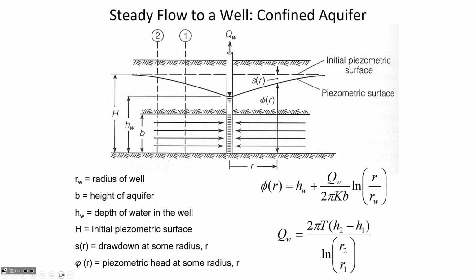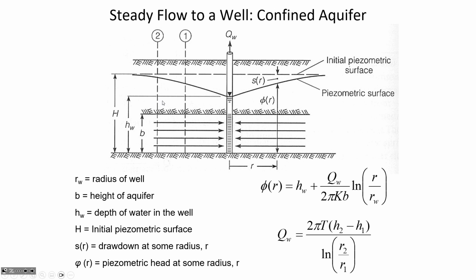Location 1, by definition, is going to be the nearer of the two locations, and location 2 will always be the location that's further away. That's how we define 1 and 2. 1 is closer, 2 is further away. And so H is talking about how high the water surface would rise to at those points.